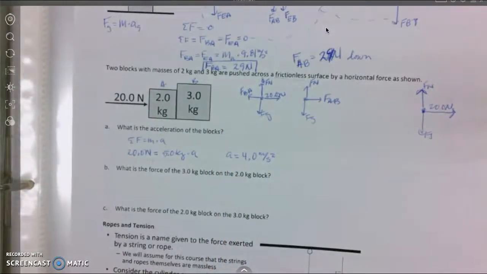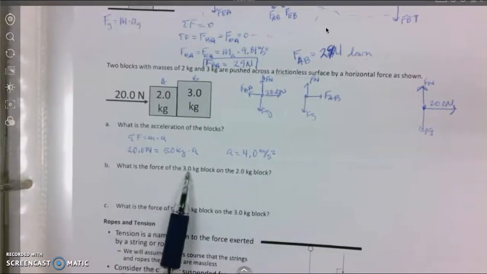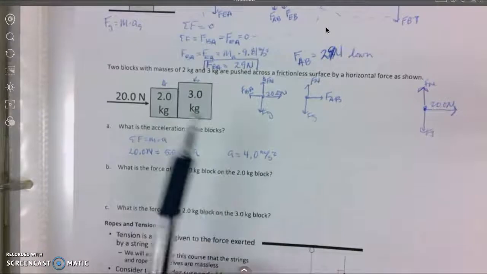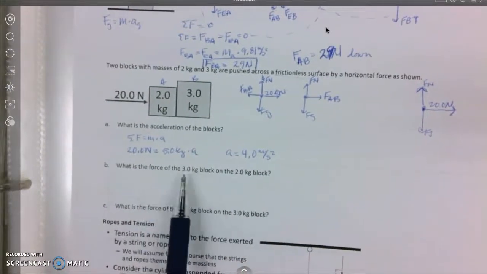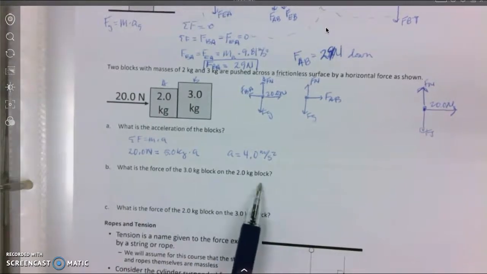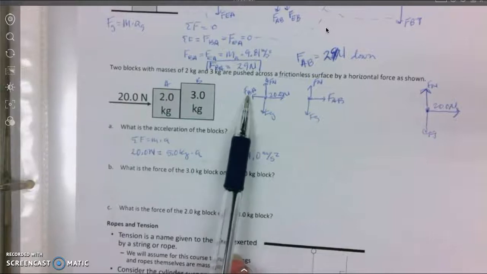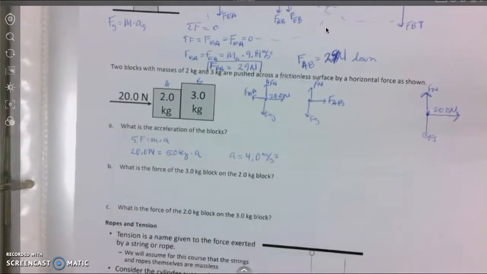Okay, so now that I know that acceleration, I can go, what is the force of the 3 kilogram block, which I labeled B? So what is the force of B block acting on the A block? So that's what I'm looking for right there.